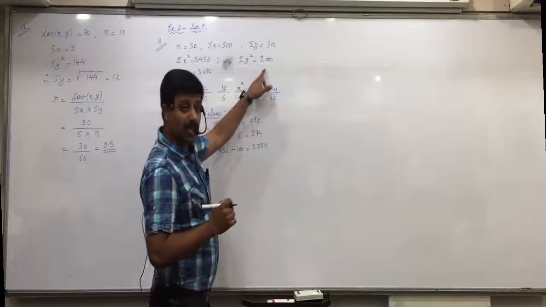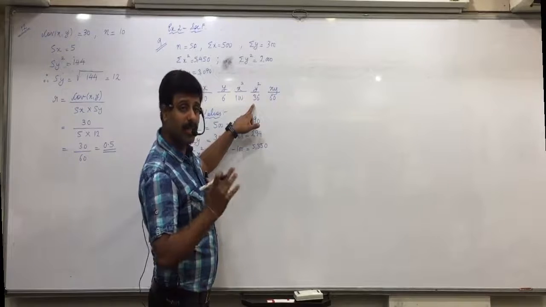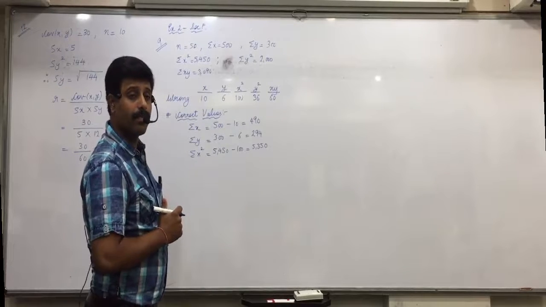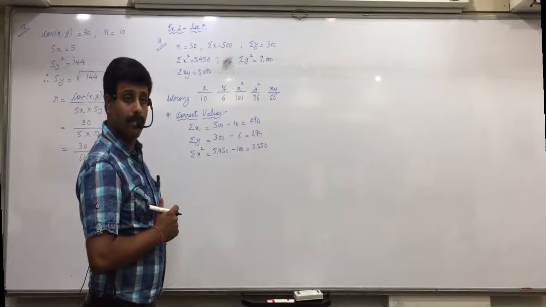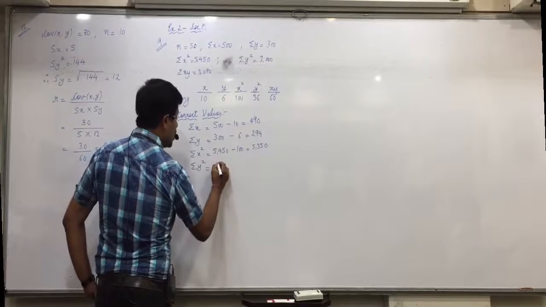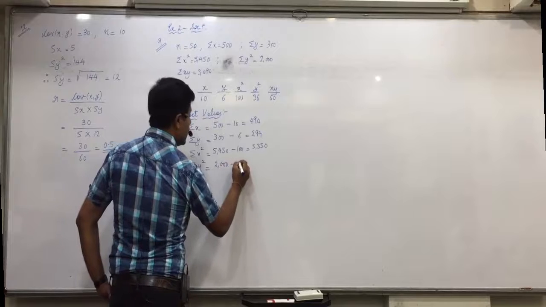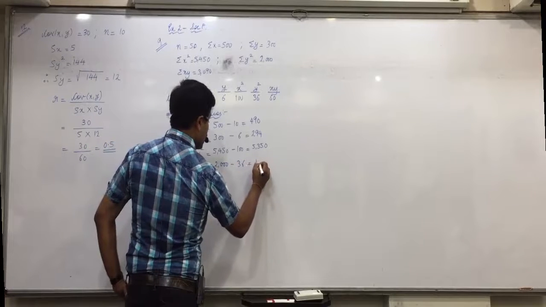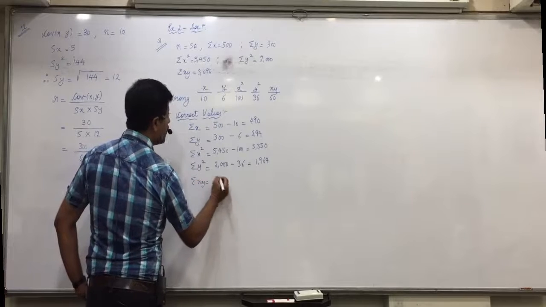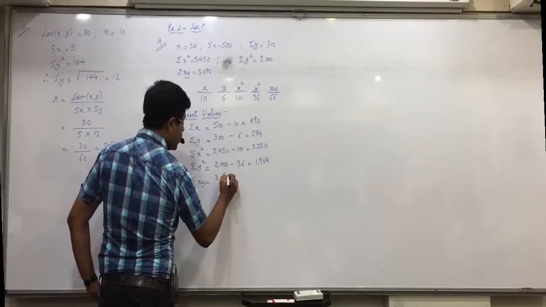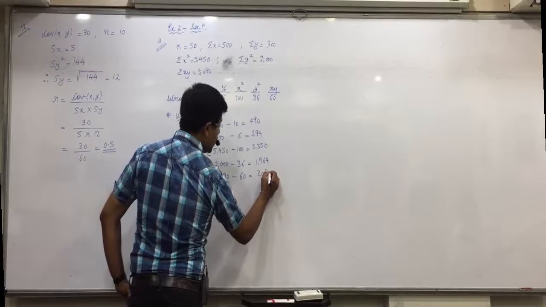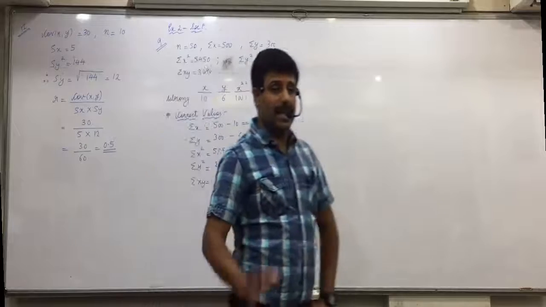Sigma y square is 2000 and the wrong y square 36 you will minus: 1964. And sigma xy, 3090 minus 60, 3030. Did you understand this, everyone?